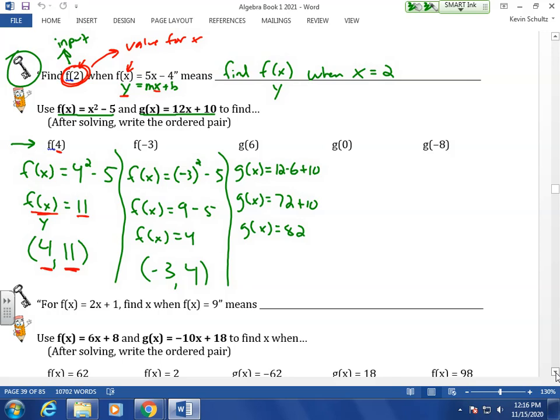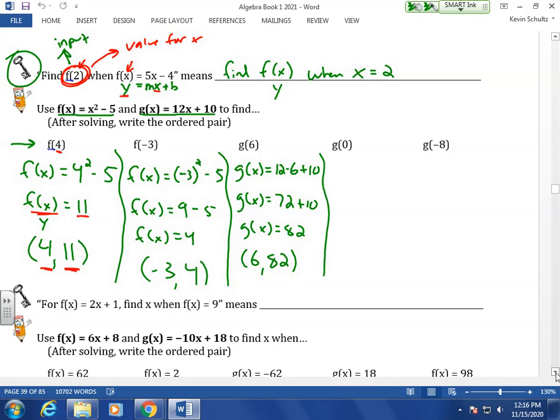Okay. So the ordered pair, when x was 6, we plug that in and solve for g of x, which is really just the y-axis value, 82. So (6, 82) is an ordered pair on 12x plus 10.